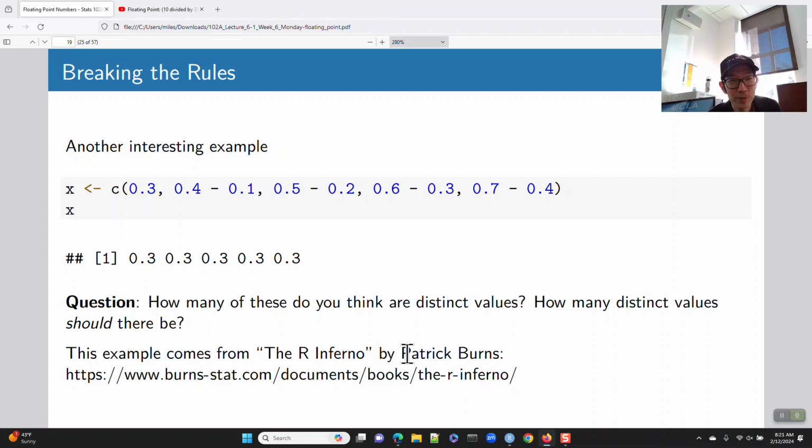So here are just a few examples. Here's 0.3, 0.4 minus 0.1, 0.5 minus 0.2, 0.6 minus 0.3, and 0.7 minus 0.4. It all comes back as 0.3s, but how many of these are distinct values? How many distinct values should there be?